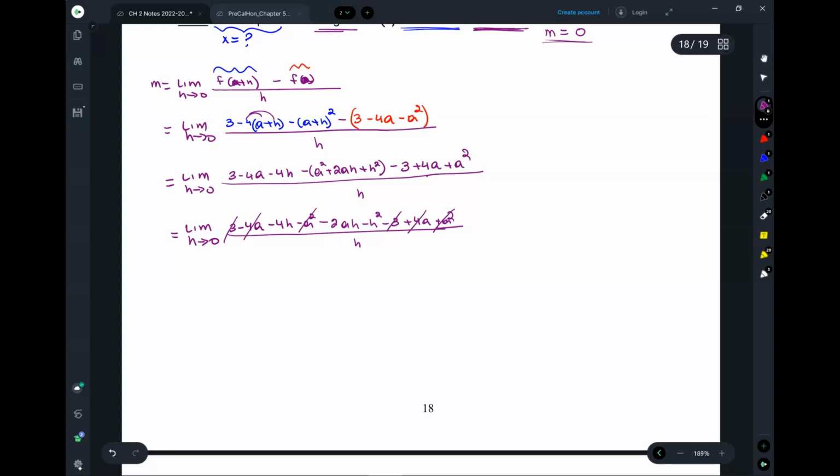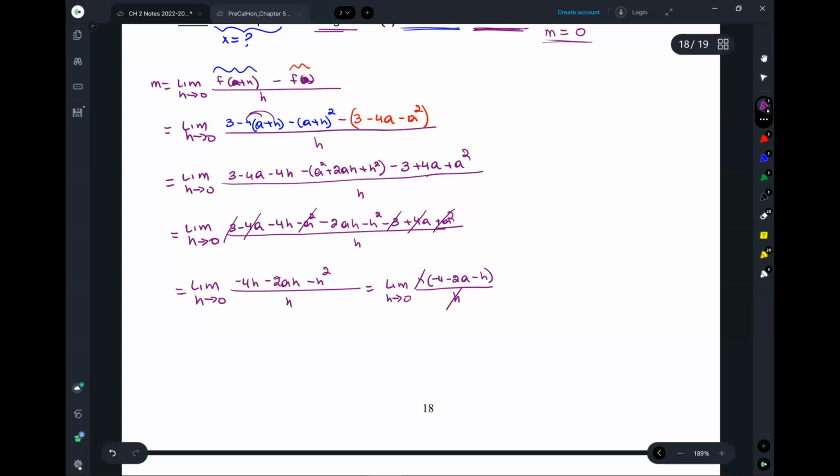Negative 4a, positive 4a go away. So what do I have left? Limit as h approaches 0 of negative 4h minus 2ah minus h squared over h. Now factor out what? h. So you get negative 4 minus 2a minus h over h.